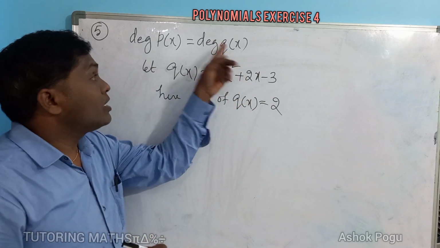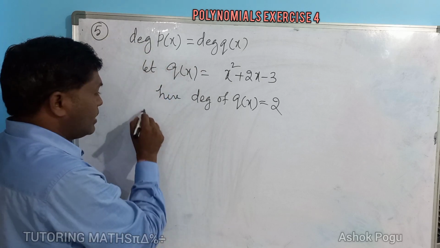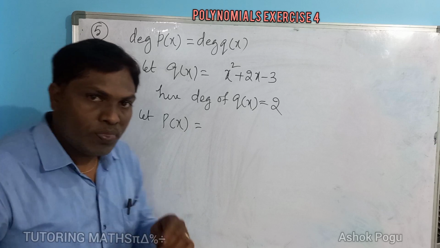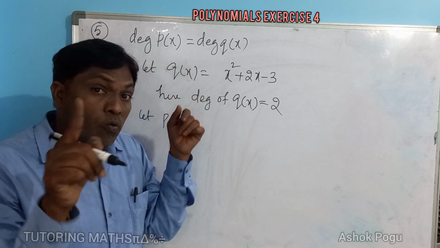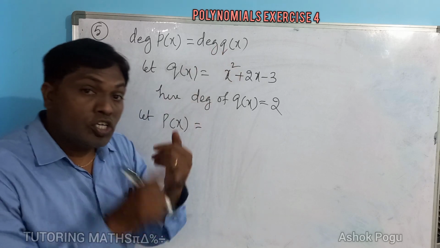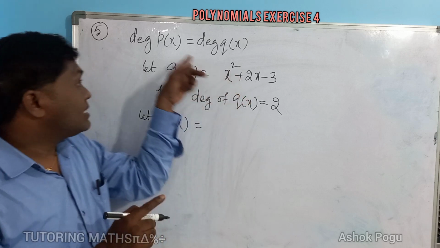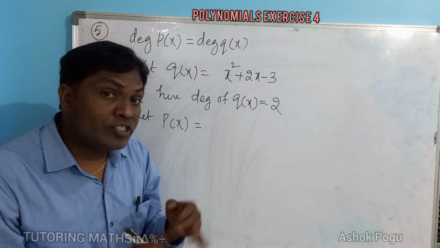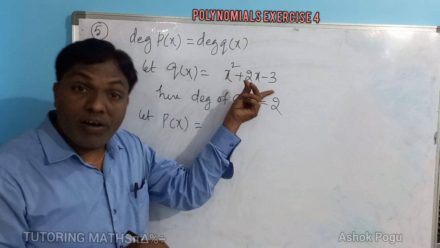Now you go for q of x, isn't it? Now you take p of x. Now let p of x be equal to... my dear students, particularly in this bit, while taking the polynomials, you see that q of x must be taken first, and secondly you take p of x, but the p of x should be a multiple of the given q of x.